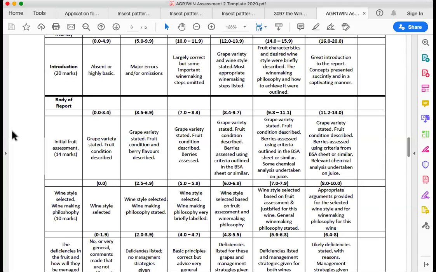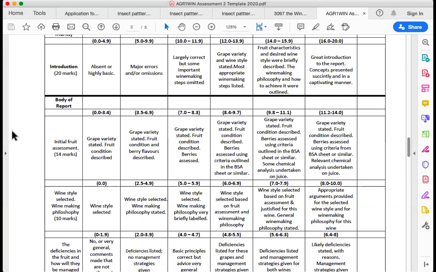It's really hard to look at fruit sitting in a bin and accurately characterize it, because you don't see the rachis, the degree of lignification, you don't see the range in berry sizes, which are much harder to see when they're in a bin as opposed to hanging on the vine. So the chances are your initial fruit assessment will give you a really good opportunity for reflective learning. So characterize your initial assessment really well, because it'll give you opportunities down the track as well.